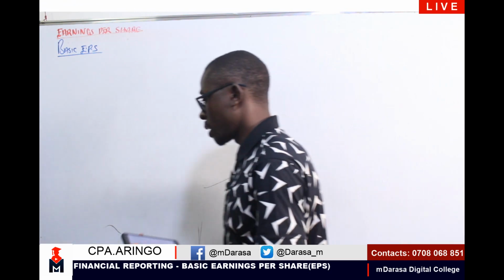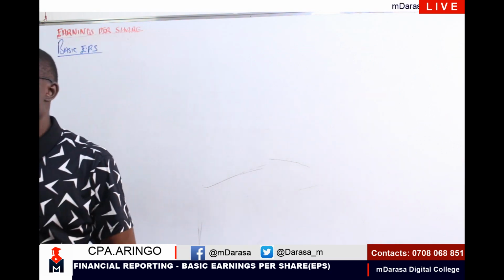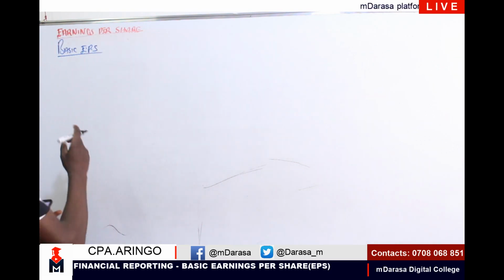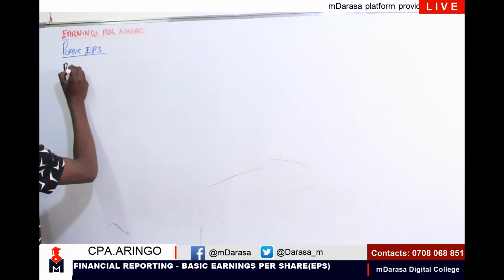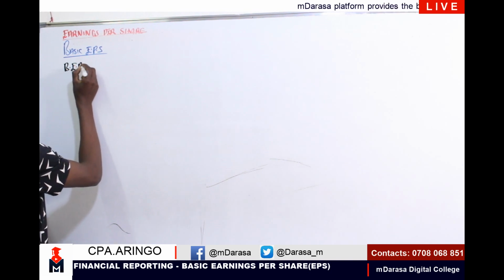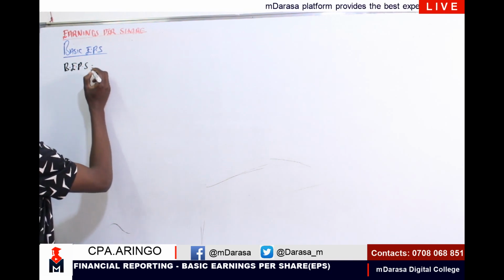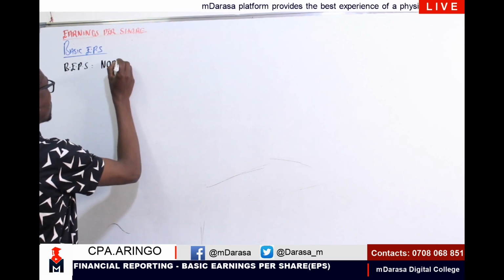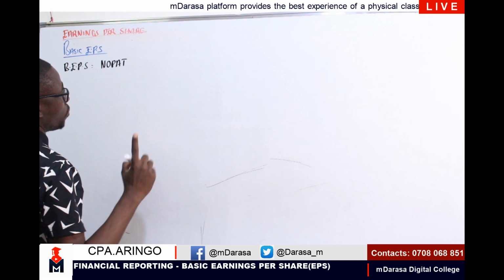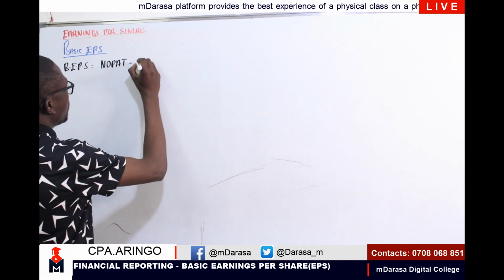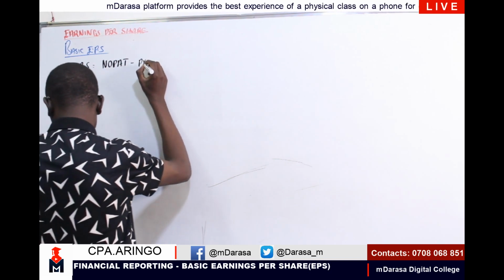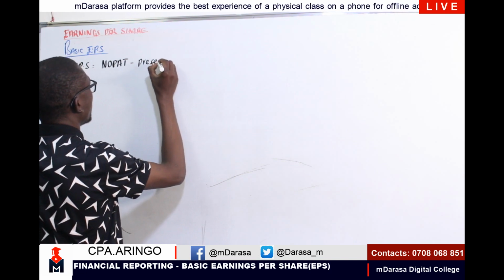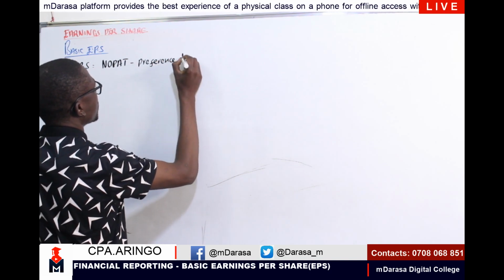So what Mwalimu is saying is that at any given point, whenever we are required to determine basic EPS, we will always consider our net operating profit after tax, less preference dividends.